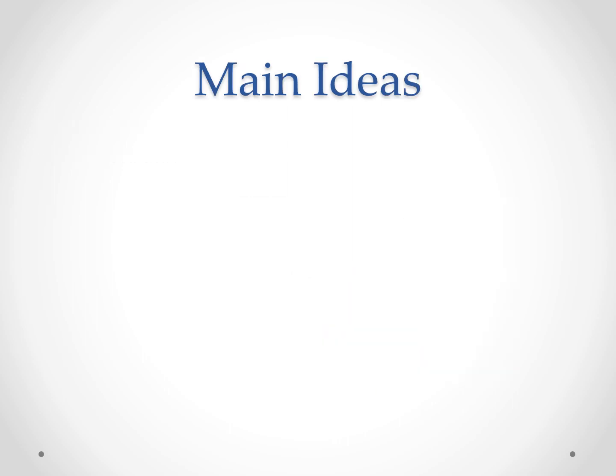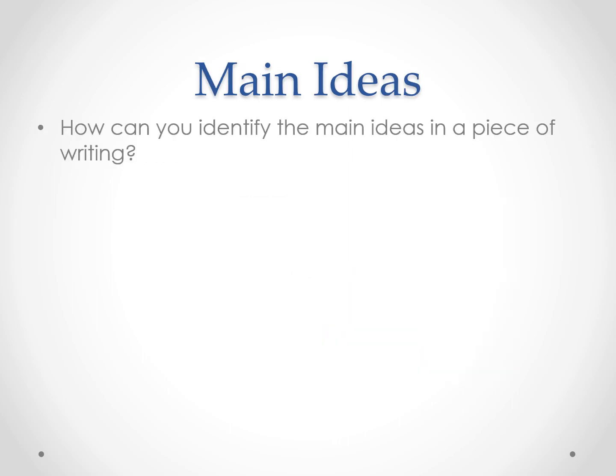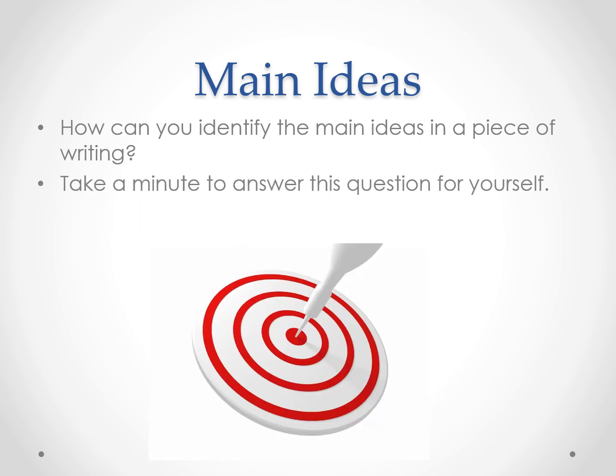All right, so first, let's ask this question. In chapter 3 of the book Building College Reading Skills, it talks about how to identify the main ideas. So go ahead and take just a second and write down how you would answer this question for yourself.